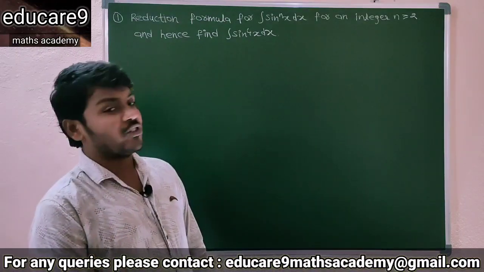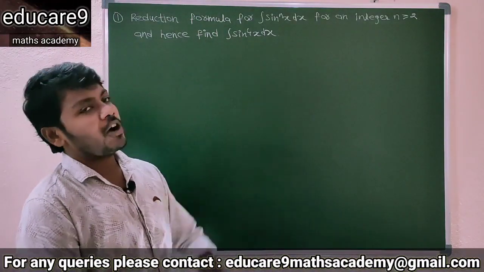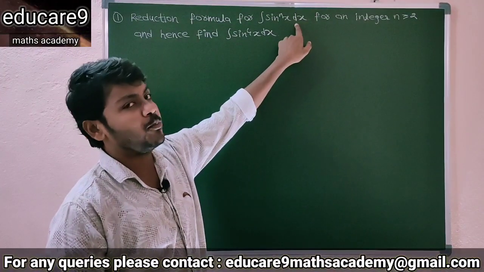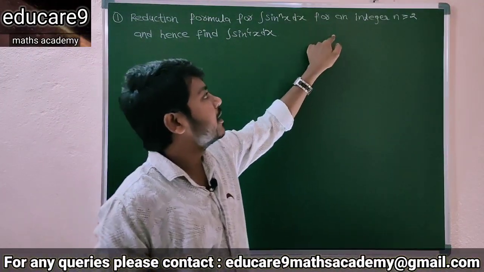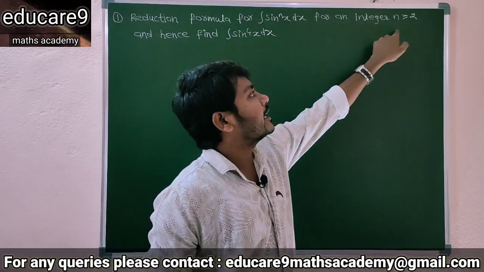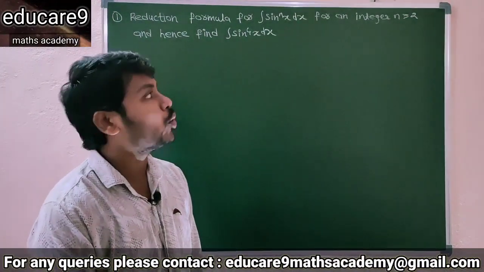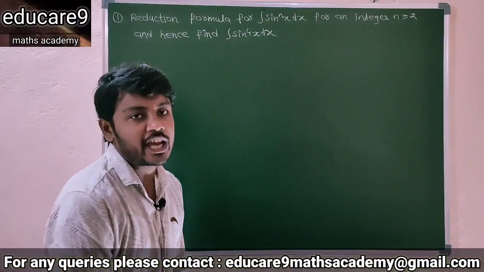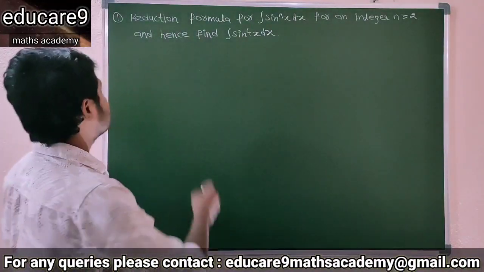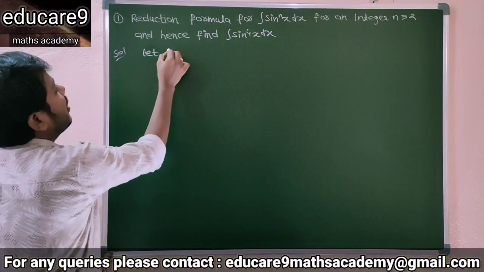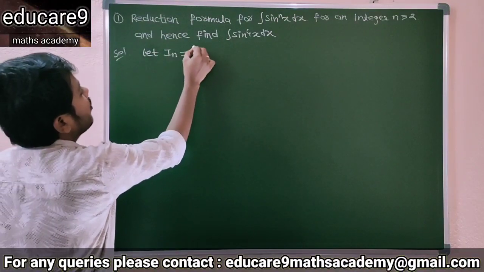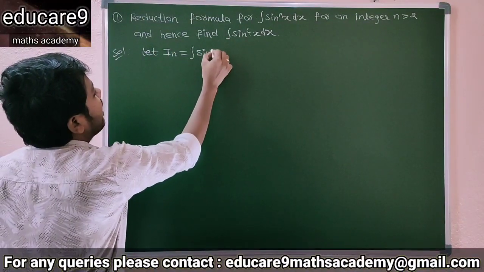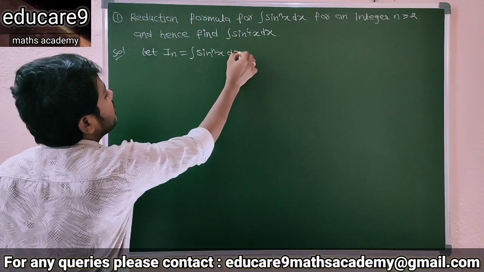So see here, first one, reduction formula for integration of sin power nx dx, for any integer n greater than or equals to 2, and hence find the value of integration of sin power 4x dx. So see here, let In is equals to integration of sin power nx dx.